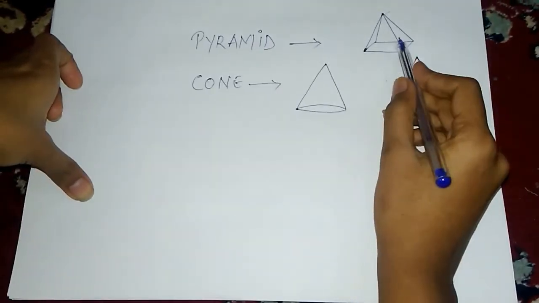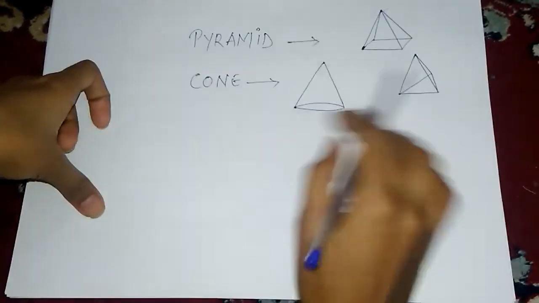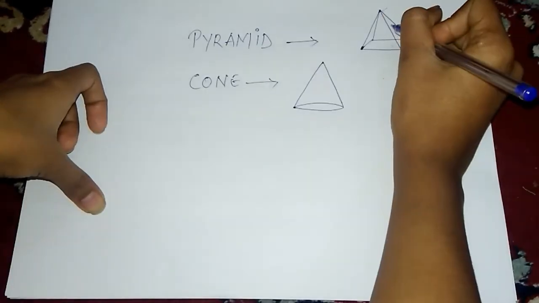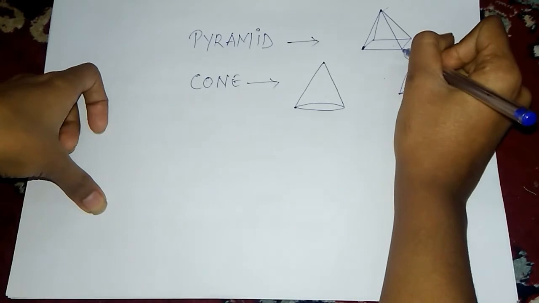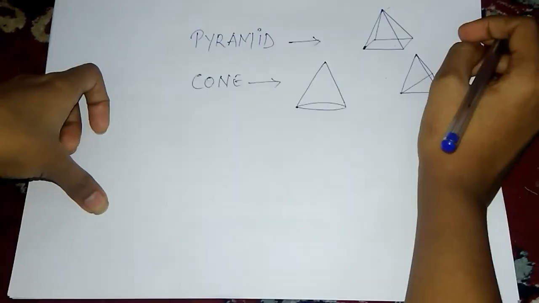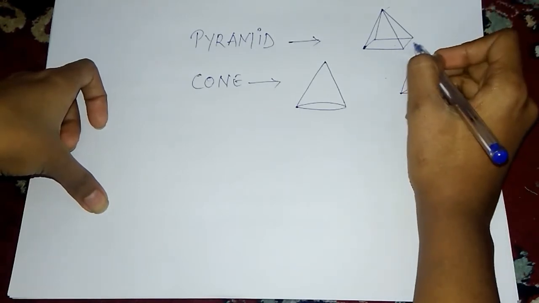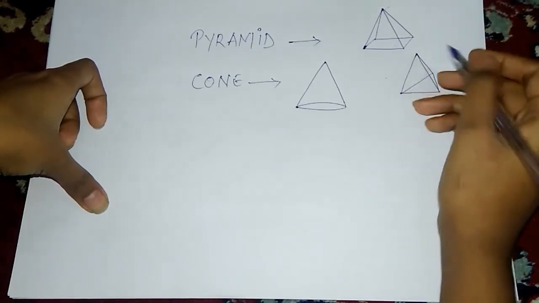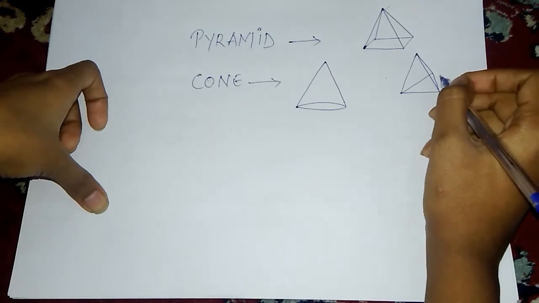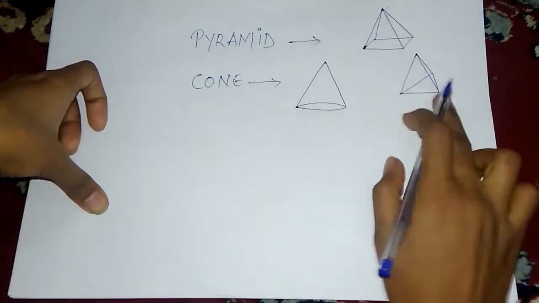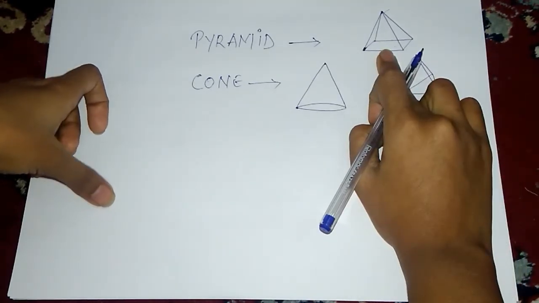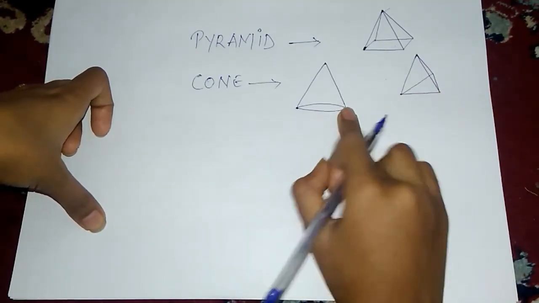So we'll talk about pyramid and cones today. Okay, so let us start with this one. A pyramid can have different shapes of its surface. It can have rectangular surface, it can have a triangular surface, it can have a square surface. So I made here triangular surface pyramid and a rectangular surface pyramid, and this is a cone.